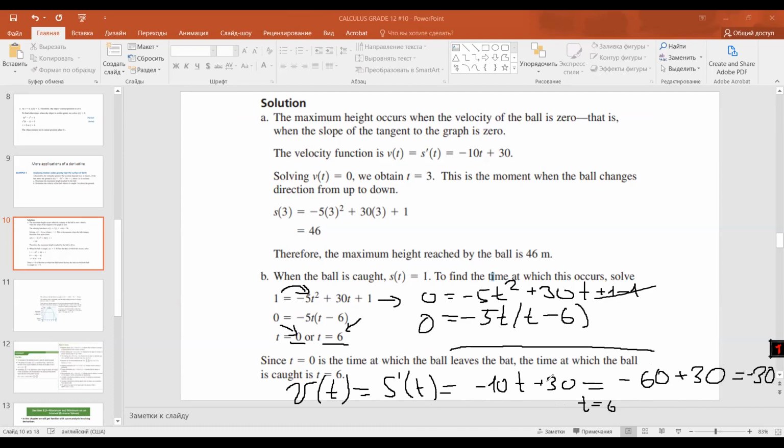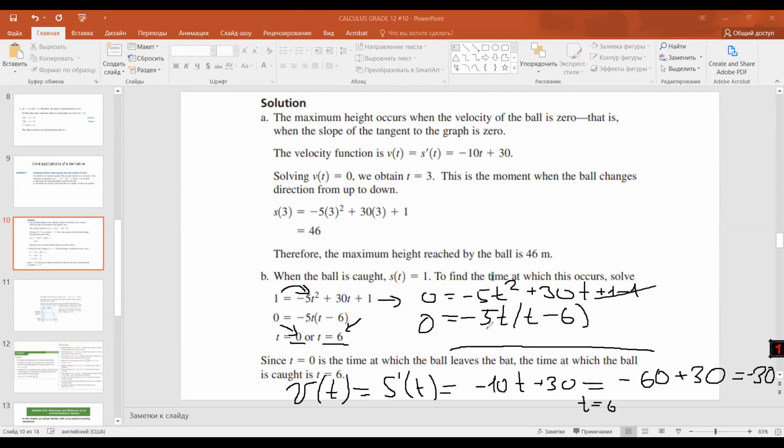So what does it mean? That the ball has a speed of 30 meters per second towards the ground, or in the negative direction. It's moving down 30 meters per second. Is it clear for everybody?